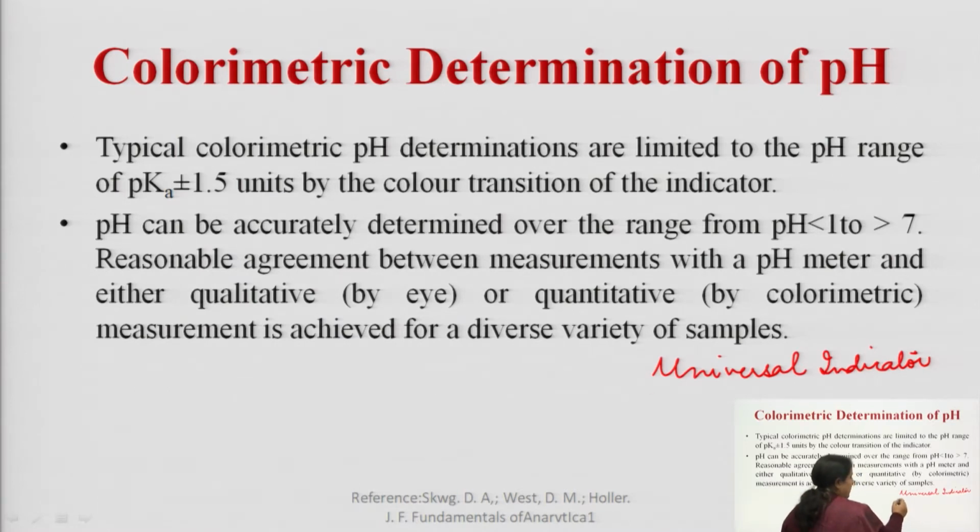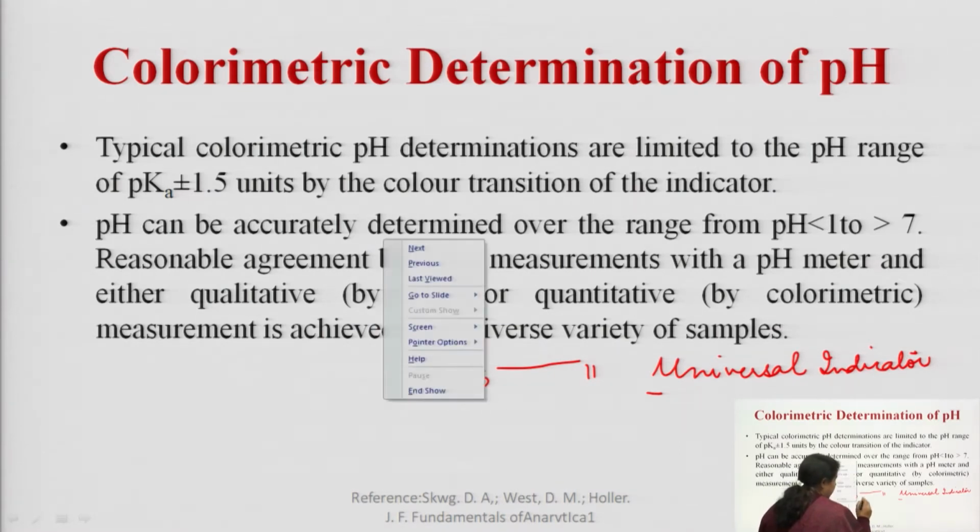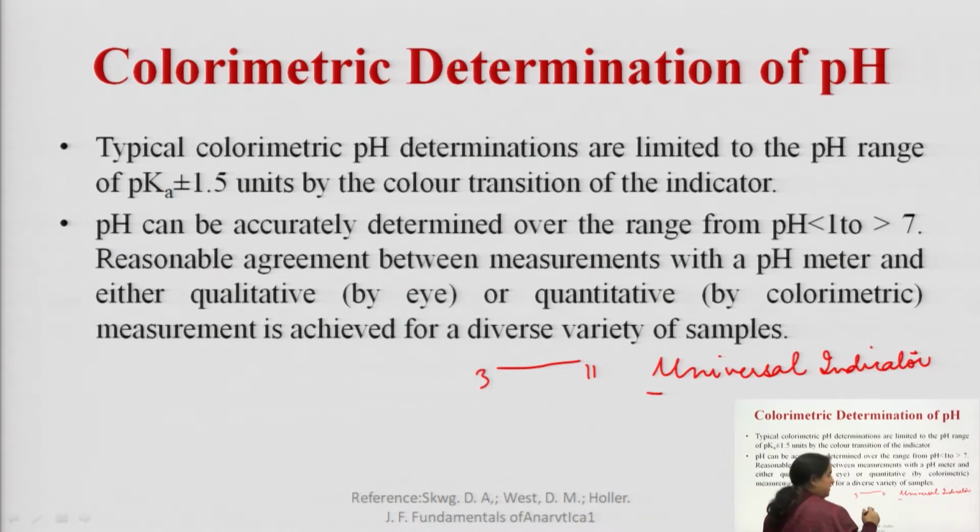So, what we do is we have a range of pH solutions from 3 to 11, that is, pH solutions of 4, 5, 6, 7, 8, 9, 10 and 11. We will add this universal indicator to these pH solutions.